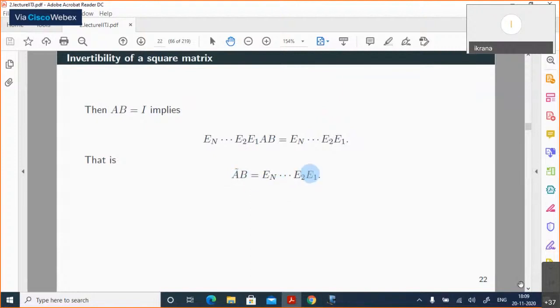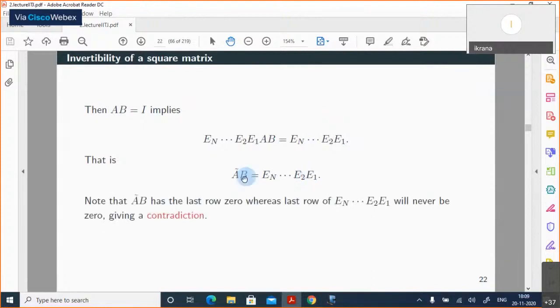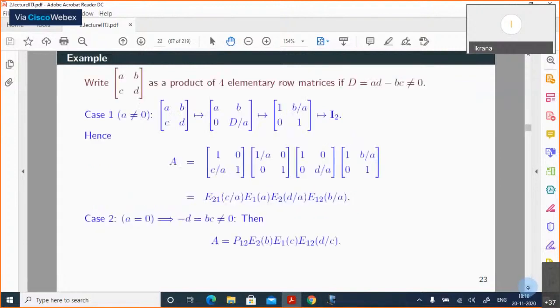On the left hand side, this is a matrix which has last row 0, because A tilde has last row 0, so the product has last row 0. That is a contradiction. So this is an elementary fact about using elementary matrices.